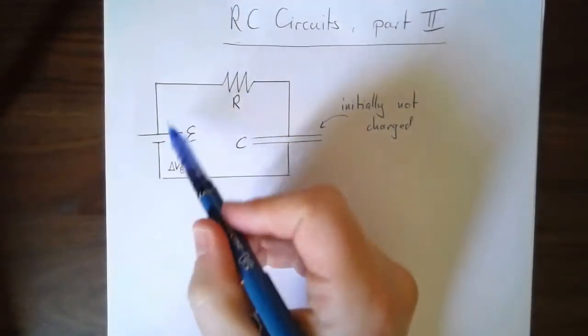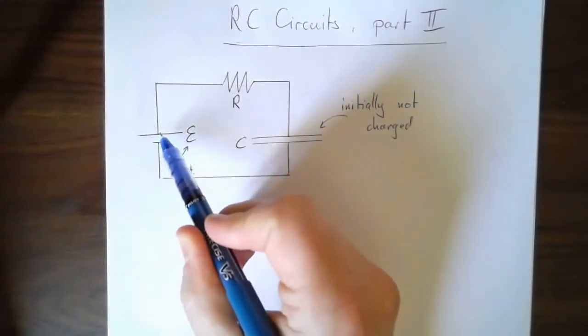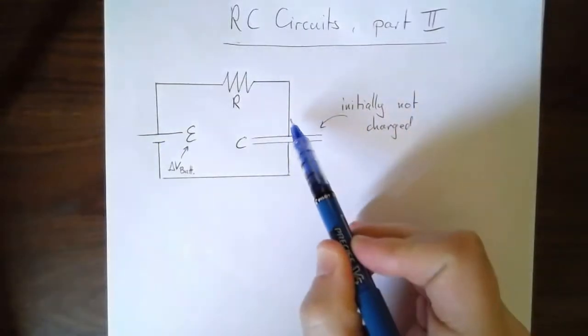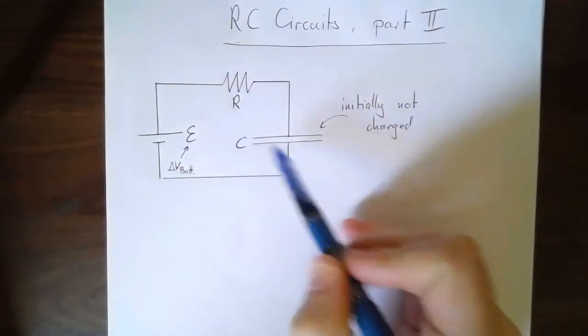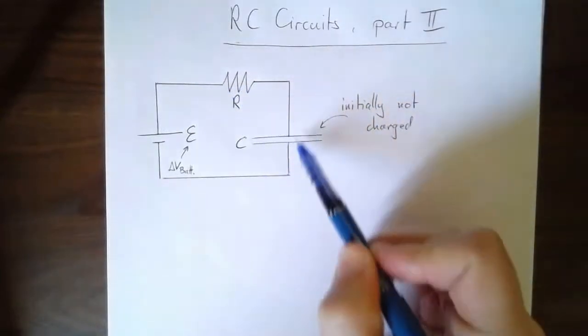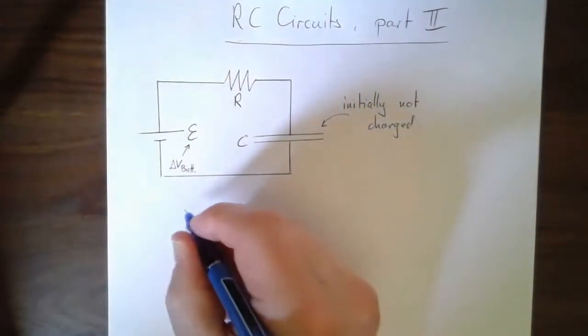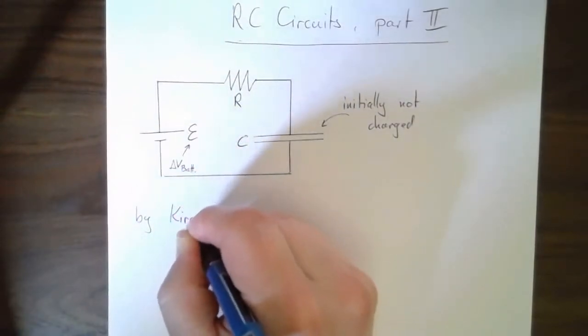So let's apply Kirchhoff's rule. Right? If the battery takes us up by, say, 9 volts, then the total voltage across here and the voltage difference across here is going to add up to 9 volts. If you go up 9 volts, you've got to come down 9 volts as we go around the loop. So let's write this down by Kirchhoff.